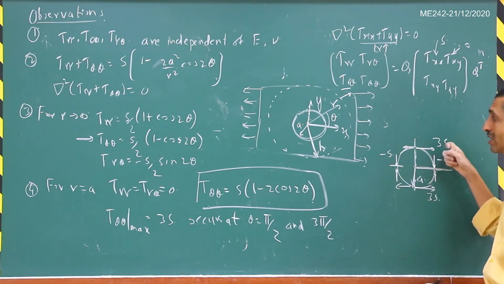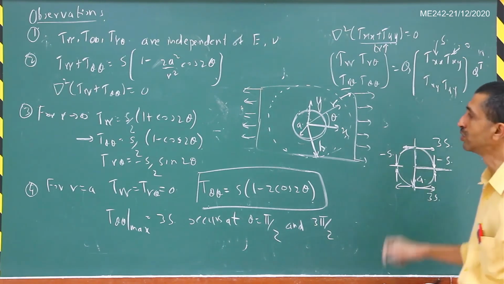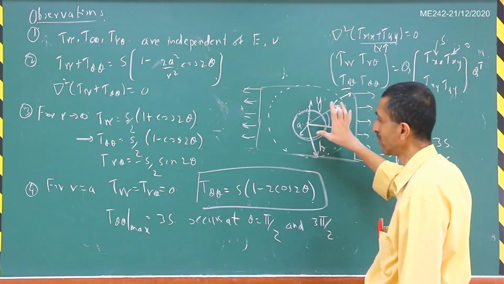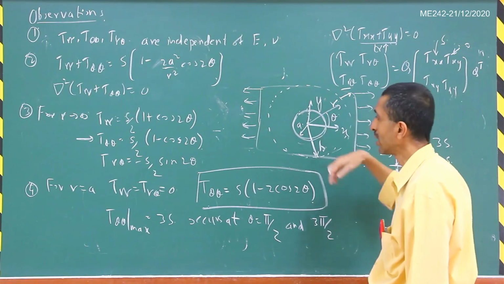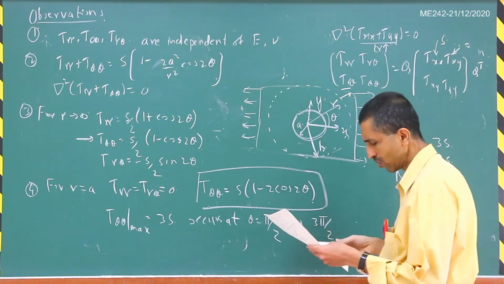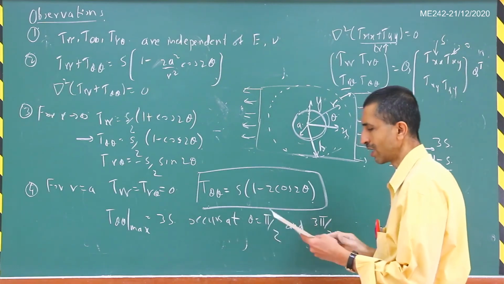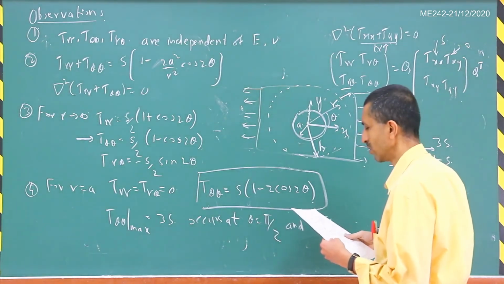This is very, very important: the moment you introduce a geometrical discontinuity into a structure, that can lead to stress concentrations, and this is generally true for other types of geometrical discontinuities that you introduce in this structure here, right?